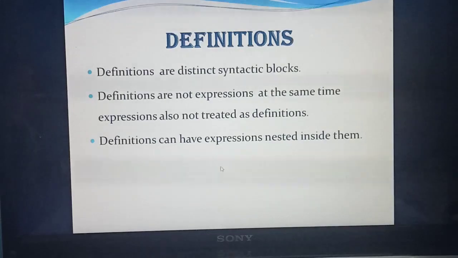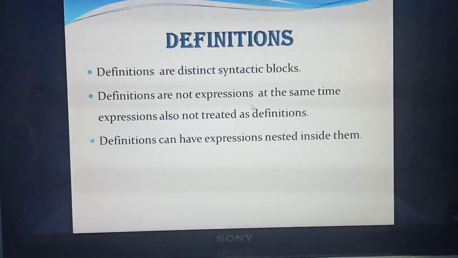So likewise in the program, we can say definitions are distinct syntactic blocks. That means small blocks of a program, like a function. So definitions are not expressions. What's the meaning of this? Consider the same example you studied at the last, let a colon equal to 24. Without giving the variable name, can you say it's an expression?